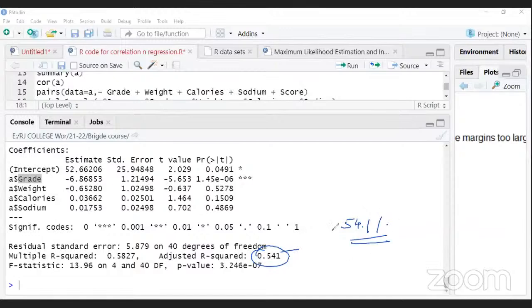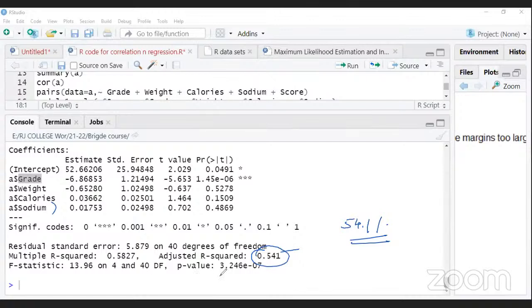So 54% of variation in my score will be explained by grade, weight, calories, sodium.